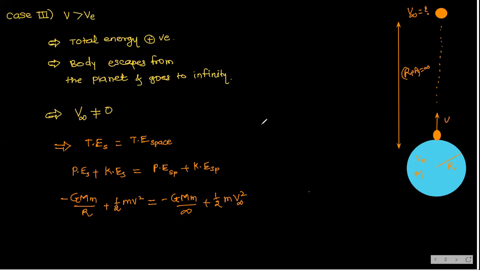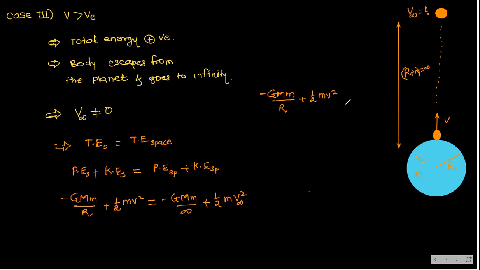Now, this GMm by infinity will become 0, right? So what is left, you see? Minus GMm by r plus half m v square is equal to half m v infinity square.